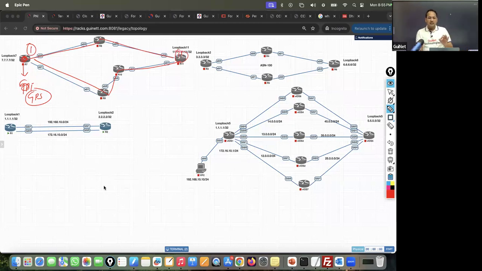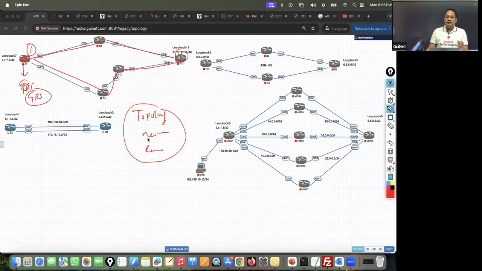But in EIGRP, they also leverage the link state protocol. They maintain the topology table, the neighbor table, and the routing table. But the problem is that with the link state protocol in OSPF, they have the full picture of the links. So sitting in one position, they will decide which path is better for me.